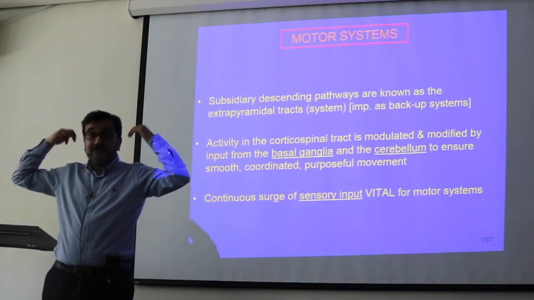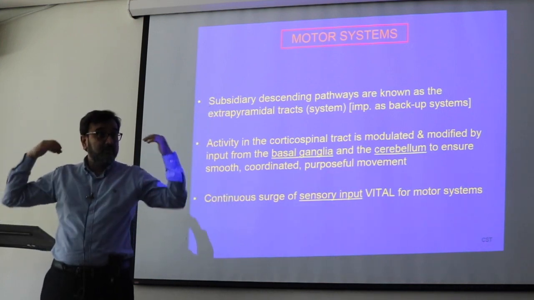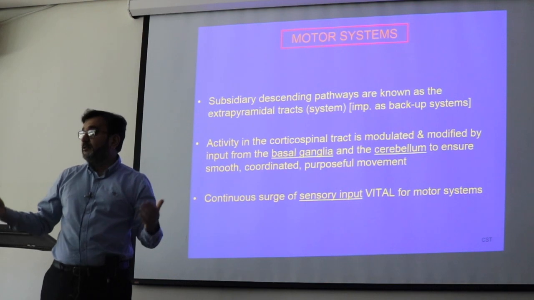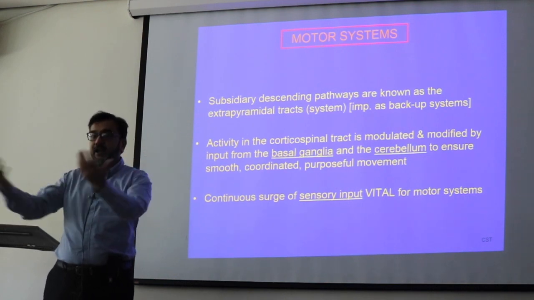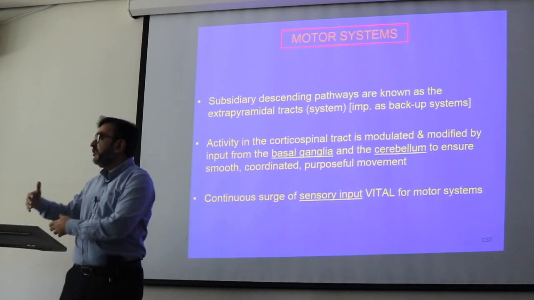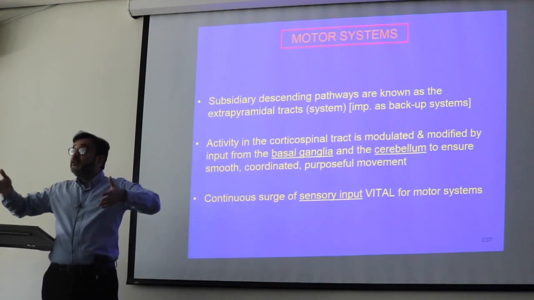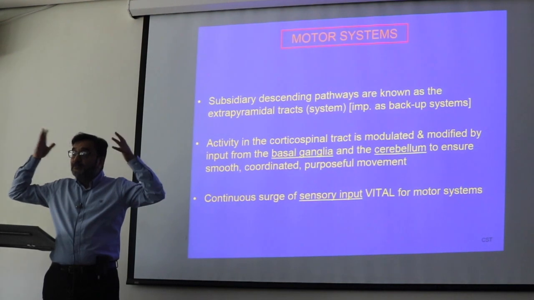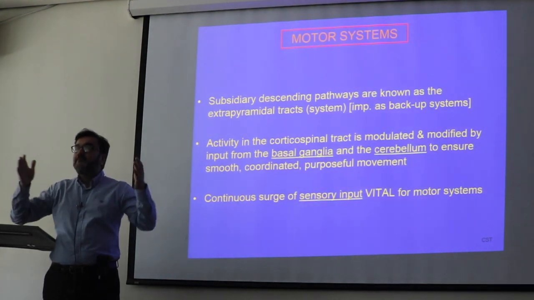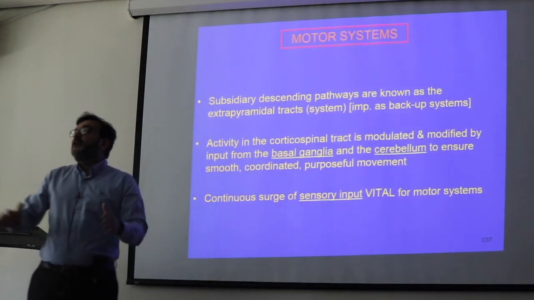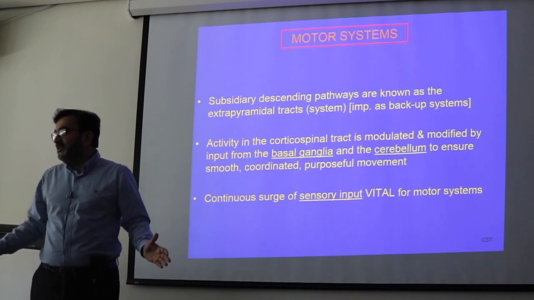Although what is happening is there is sensory input going at all times to your brain, because you have the environment around you. You're touching a table, you're touching something, you're seeing things. So the sensory information is going directly to your brain, but at rest, you are not doing any movements.